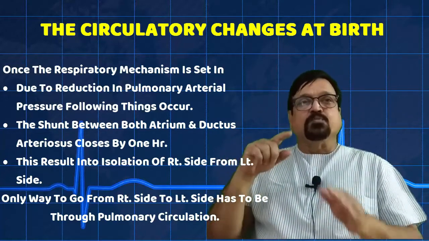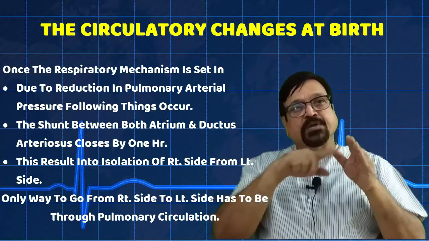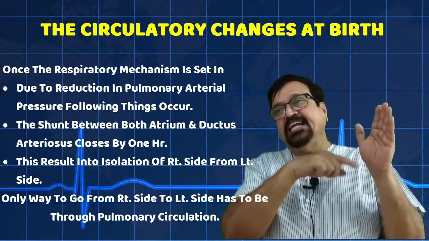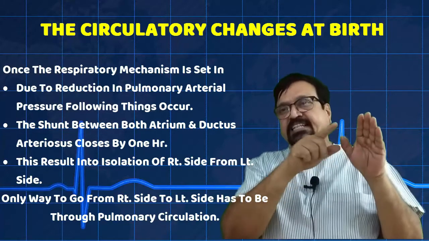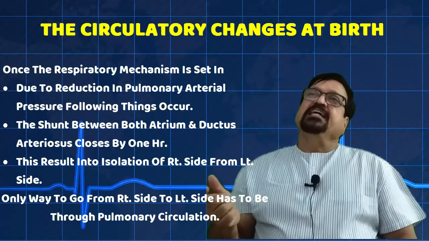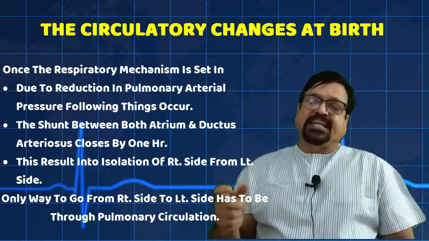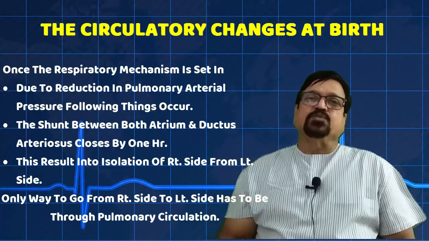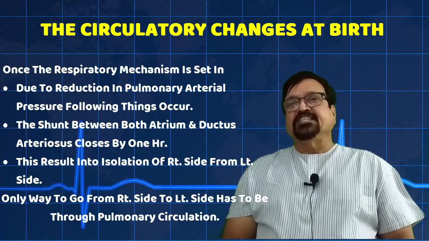That is why the blood goes more through the pulmonary circulation, and it comes from the pulmonary arteries to the lungs, then into the left atrium. From the left atrium it comes to the left ventricle, and the left ventricle goes into the general circulation.